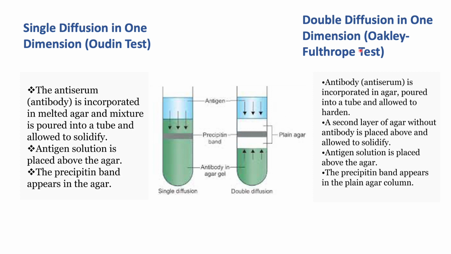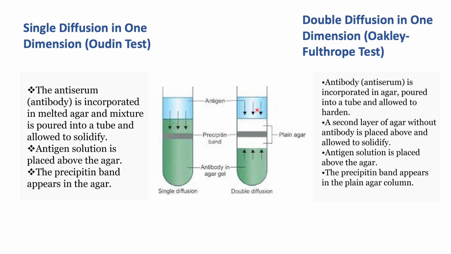Then there's double diffusion in one dimension, also called the Oakley-Fulthorpe test. Here the antibody or antiserum, similar to single diffusion, is incorporated in agar, poured into the tube, and allowed to solidify. Then a second layer of agar without any antibody is placed above this and allowed to solidify.